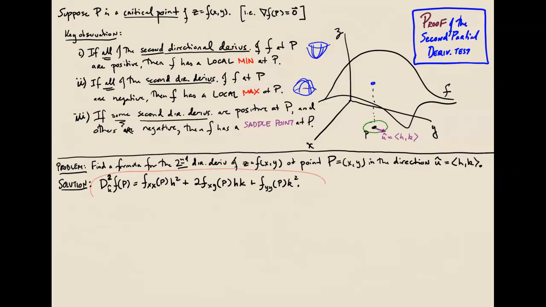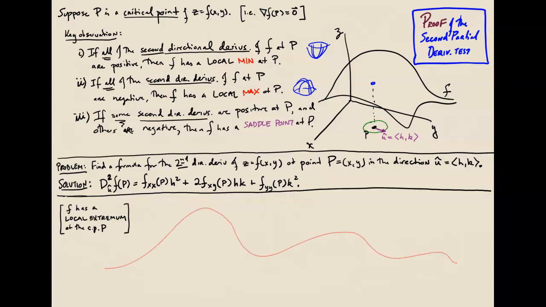And we have come up with a formula for the second directional derivative, which we'll now put to use. I'll draw a little flowchart down here to show the logic. We want to show that f has a local extremum at the critical point p. We've said that this will happen if the second directional derivative of f at p has the same sign for all choices of u. In other words, for every possible direction we could move from p.